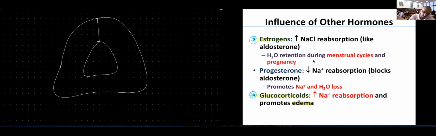But remember, the adrenal cortex did have three layers: zona glomerulosa, zona fasciculata, and zona reticularis, GFR.